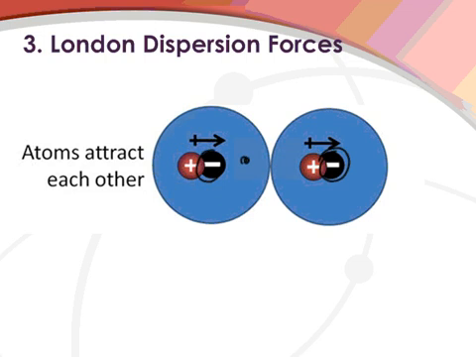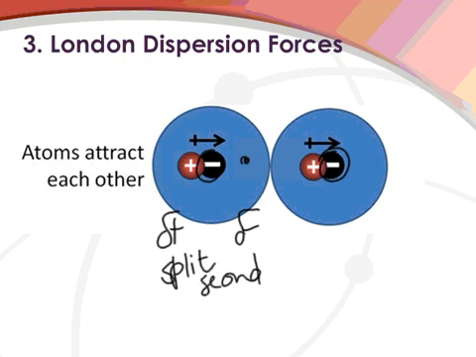In which case, that makes this side of the molecule partially negative and that side of the molecule partially positive, but only for a split second. It happens instantaneously, and the second it happens, it pretty much unhappens.